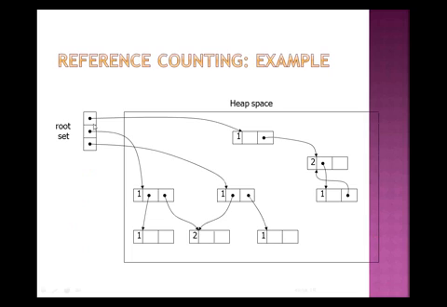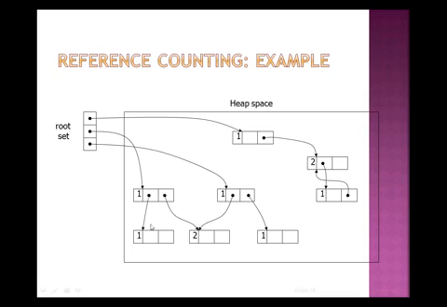This is an example of reference counting. The root is indicated by this one, and the next part is indicated by this one. One root set is linked with one block, another root set is linked to another set, and the next root set is linked to another set, which again is linked to the next one.